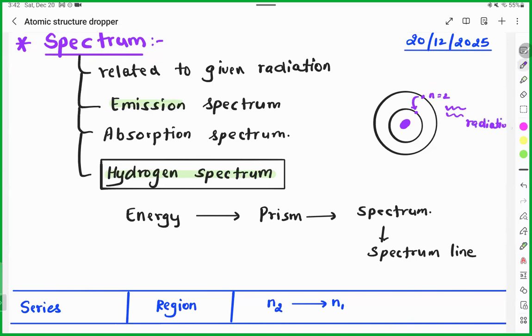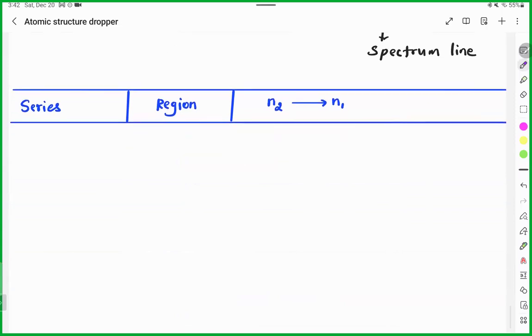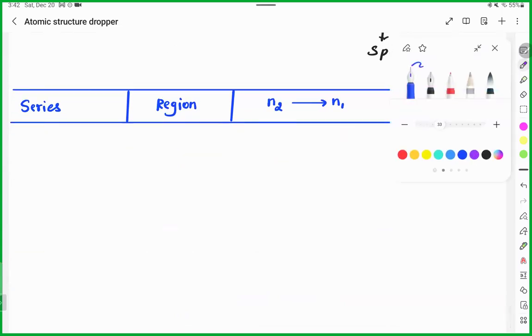Some radiation will be produced when it moves from second to first. And this radiation will be passed through the prism and some kind of line will form. That is the spectral line. Spectrum forms, spectral line is formed, and you can see number of lines in this case. Any doubt, guys?